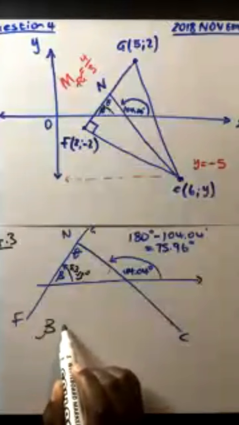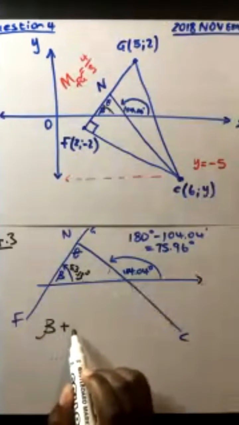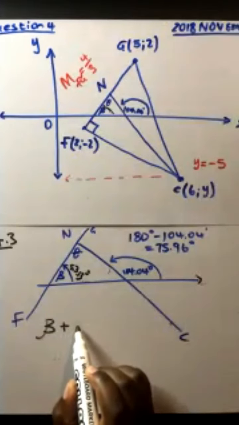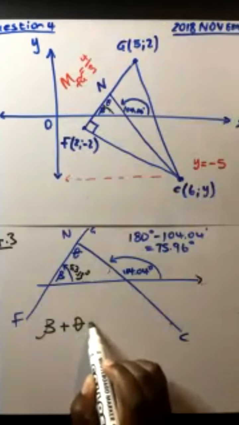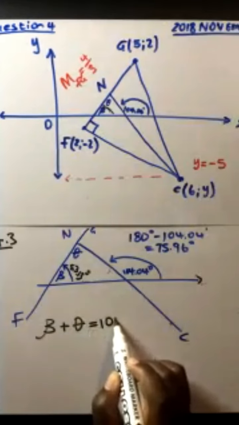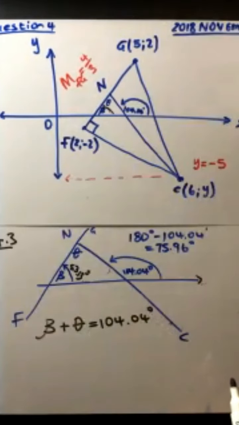So you're saying beta plus theta should equal 104,04 degrees. That's what you're saying, eh? Yes, sir.